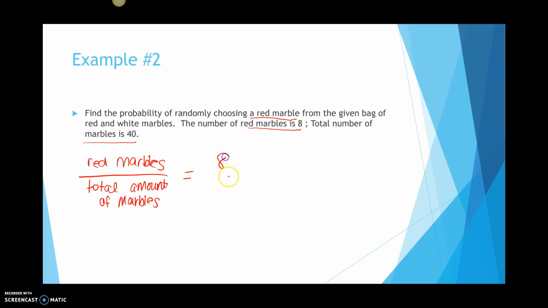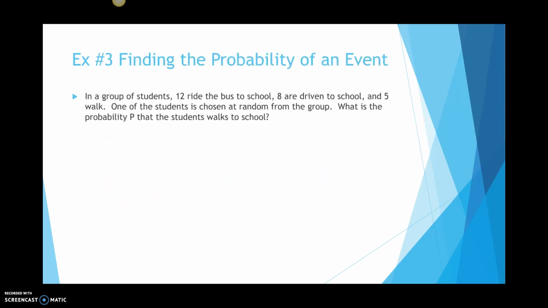So that's going to be 8 out of 40. And when we get the decimal form of that, that's going to be 0.20, which is about 20%. 20% probability taking place right there.